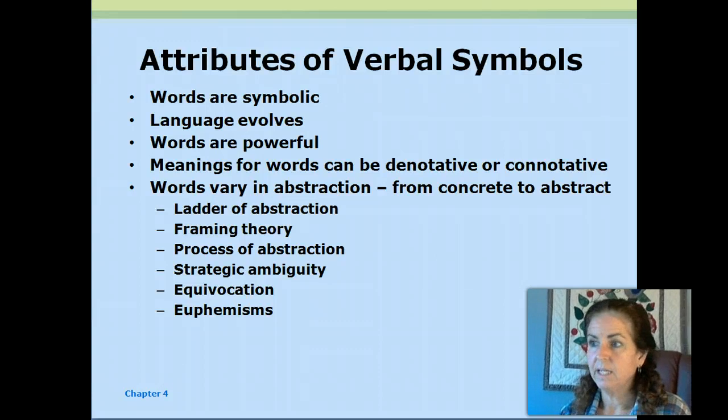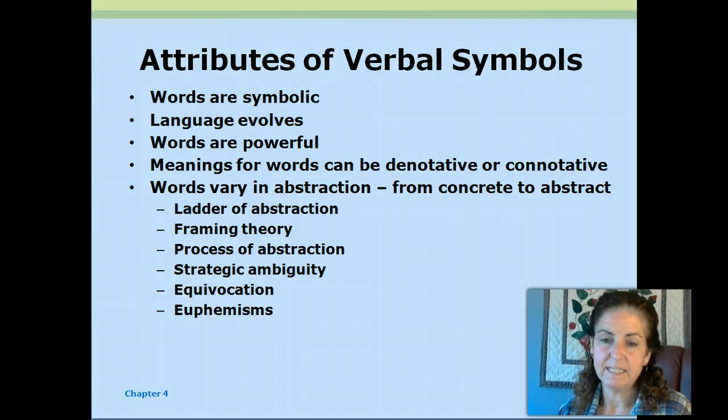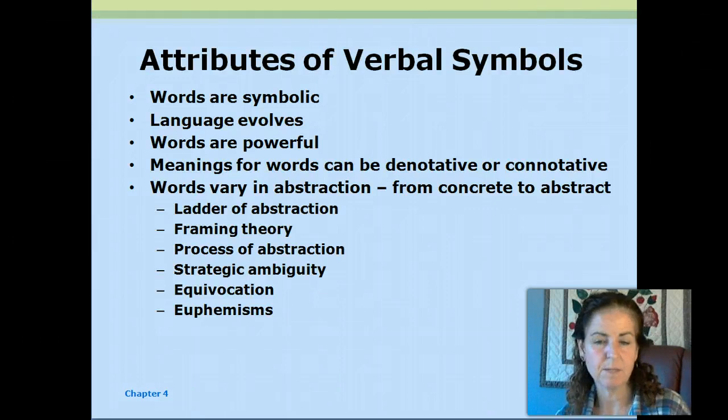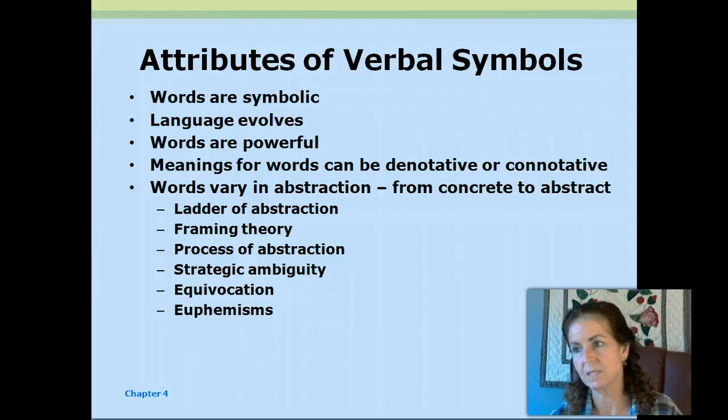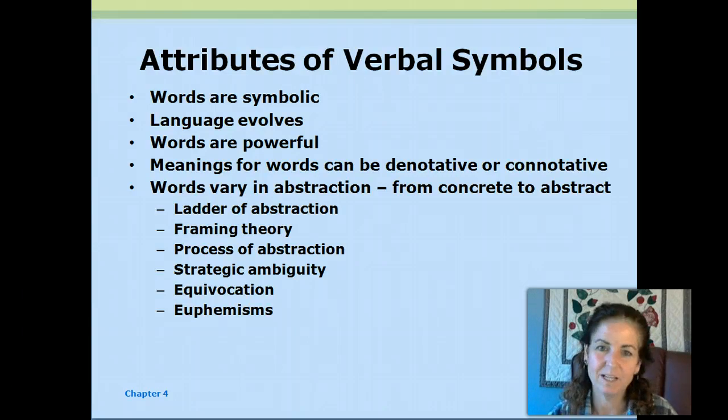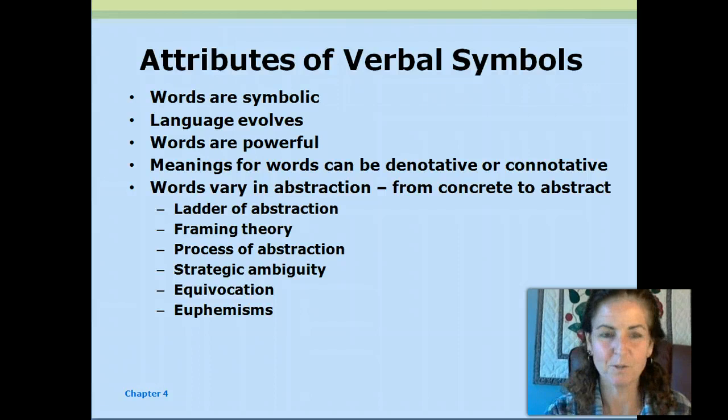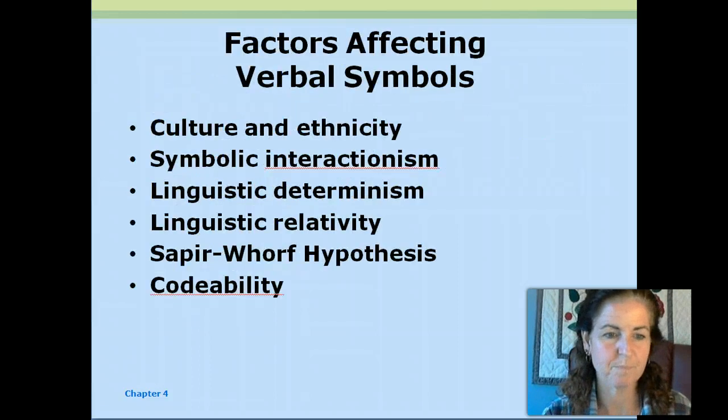Strategic ambiguity is the idea that sometimes it's deliberate to be ambiguous and it's effective to be ambiguous. Equivocation is the way we backpedal words. Euphemisms, how we come up with other words, like nobody's a garbage collector, they're a sanitation engineer. Even a housewife I've heard called a domestic engineer. And so we simply come up with other words, euphemisms.